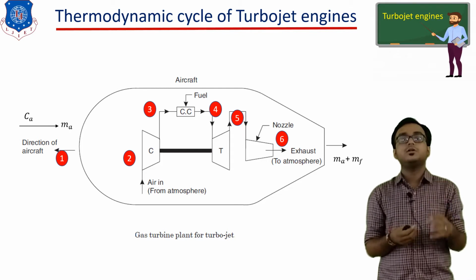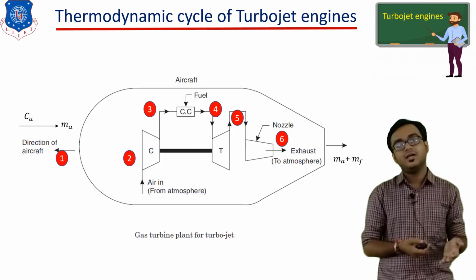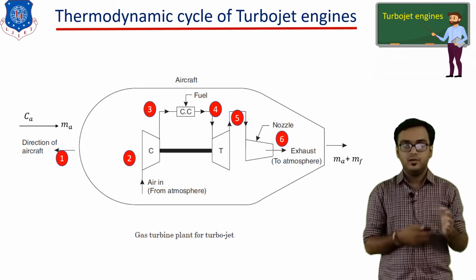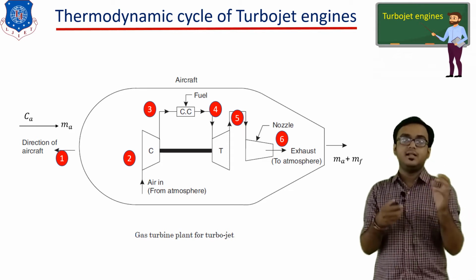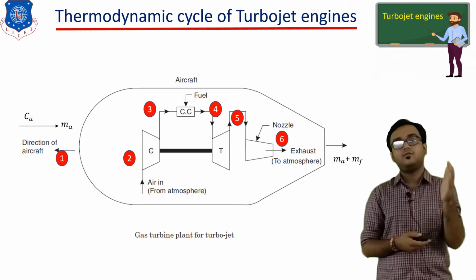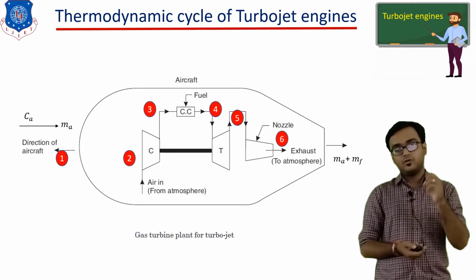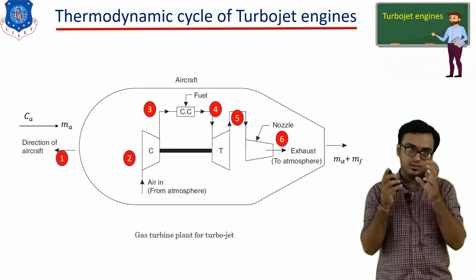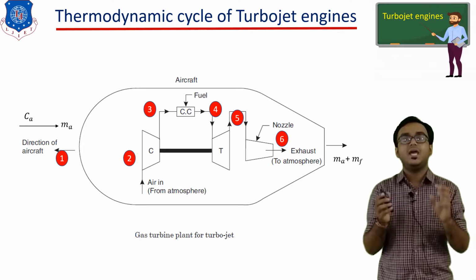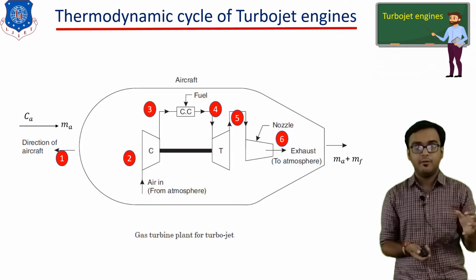This product is expanded in the turbine, and the same amount of mass is supplied to the nozzle. The mass leaving at the outlet is the same as that generated after combustion, that is, the mixture of air plus products of combustion. So at the outlet we have total mass Ma plus Mf, while at the inlet we have only Ma.